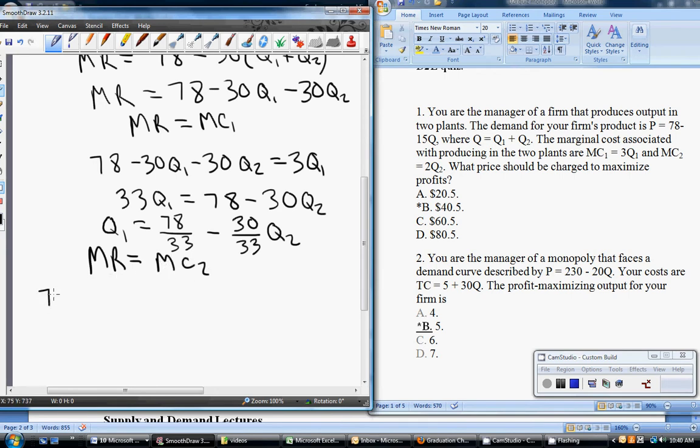Same marginal revenue equation. But this time marginal cost in plant 2 is given by 2 times the output in plant 2. This time let's solve this equation for Q subscript 2.